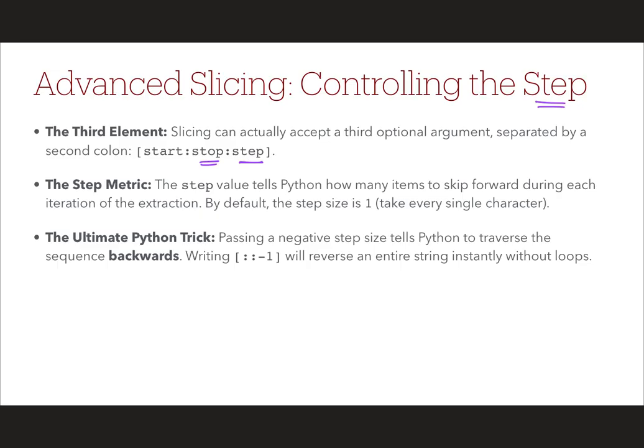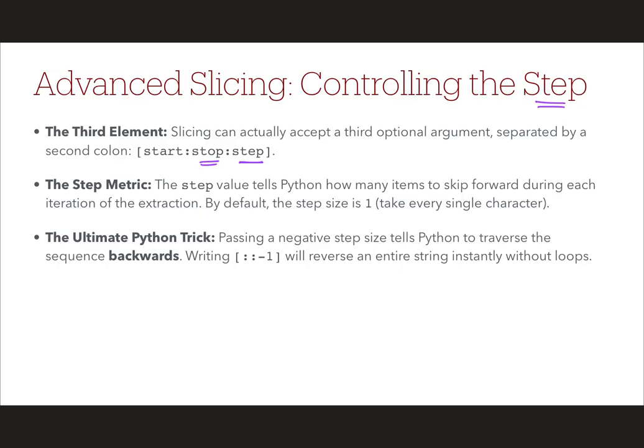Otherwise, an empty set will be created by that expression, and no letters in the string can be accessed. And as I said, the start value can be omitted. If the start value is omitted, that means from the beginning. And if the stop value is omitted, that means you go all the way to the end.